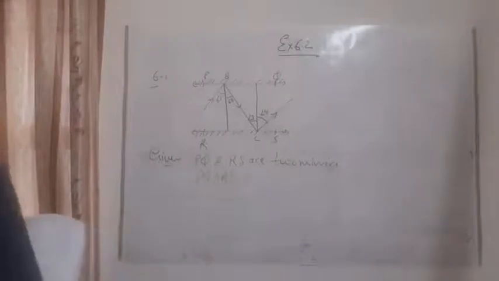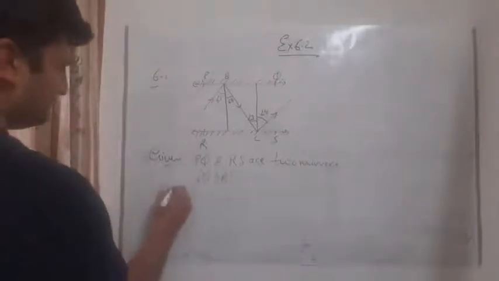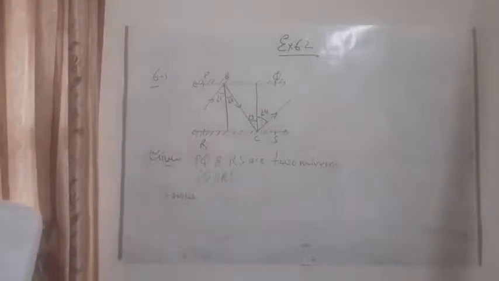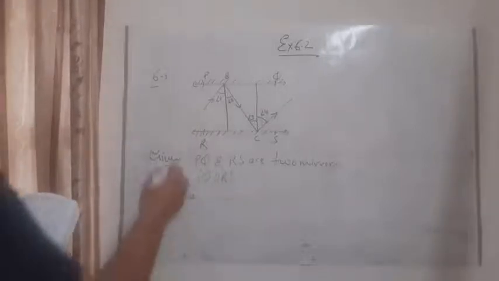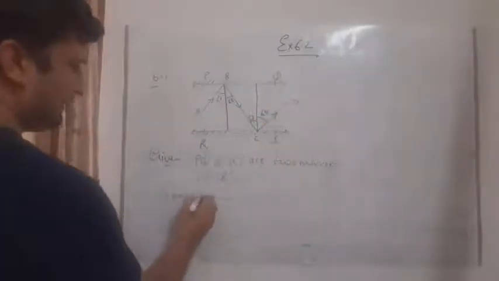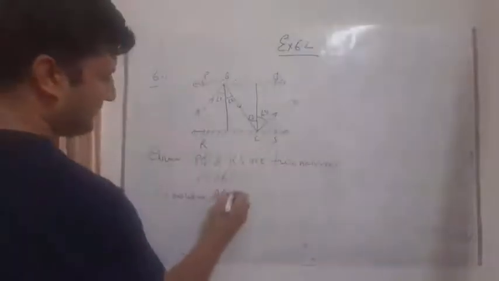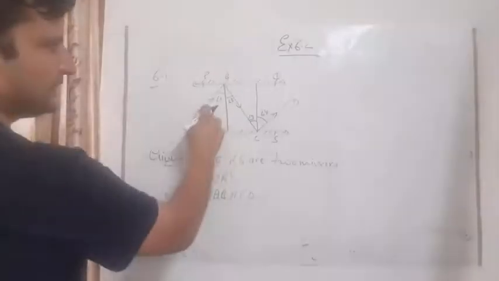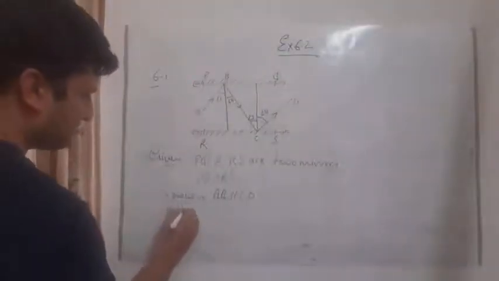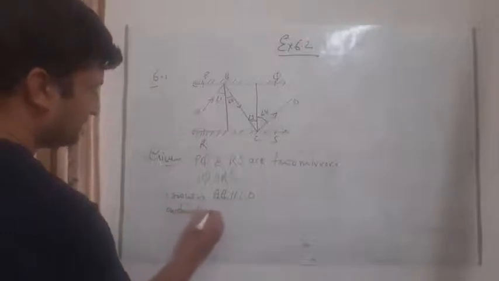And we have to prove that AB, this point is A, is parallel to CD. We have to prove that AB is parallel to CD. We have to prove that these two lines are parallel to each other. So students, I have told you that we have to draw the normal. So we have to write construction: draw.